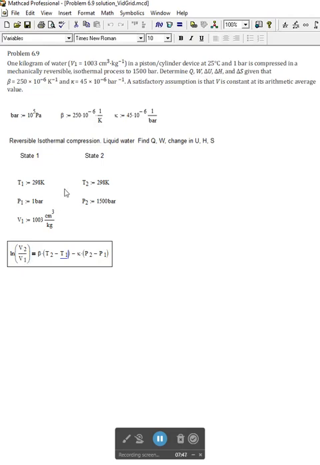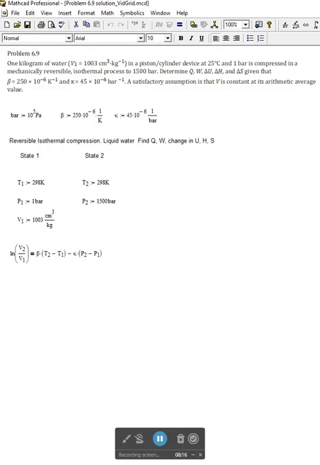The other thing I want to mention is they said a satisfactory assumption is that volume is constant at its arithmetic mean value. So what this means is that we are going to calculate V2. We do know V1. But whenever we have a formula that just has plain V, we're going to use the average of V1 and V2.